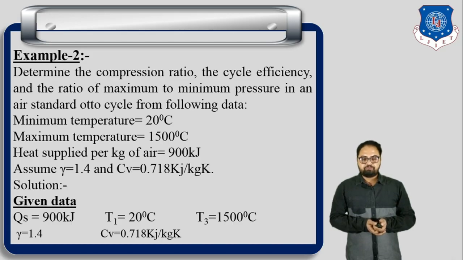From this equation we get the value of T2. We put that value in the relation between temperature and volume during the adiabatic compression process to get the value of R. Then we put that value in the equation of air standard efficiency of the Otto cycle to get the thermal efficiency, and after that we will find the value of P3 by P1.